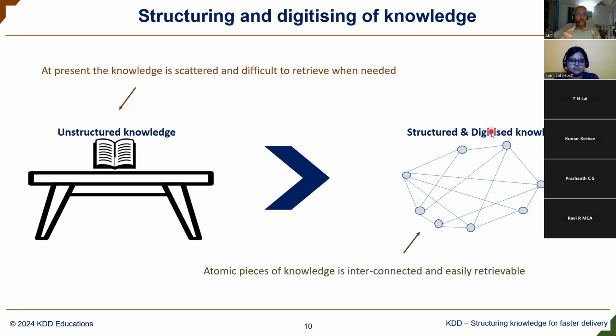When we do that, and from there we build the whole structure, then it becomes very easy to refer to that knowledge, or if you need to modify anything, to see the impact of that through the relationship it has with other atomic pieces of knowledge. So that's what DKF tries, structuring and digitizing that knowledge. And we will see how it does.